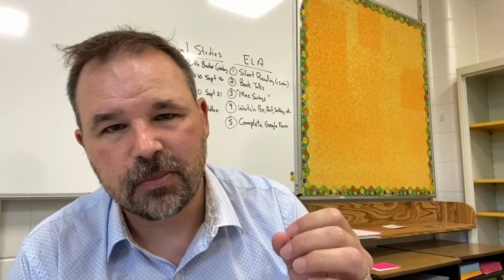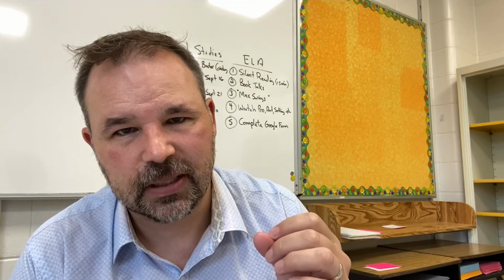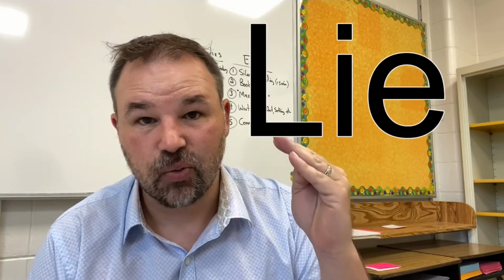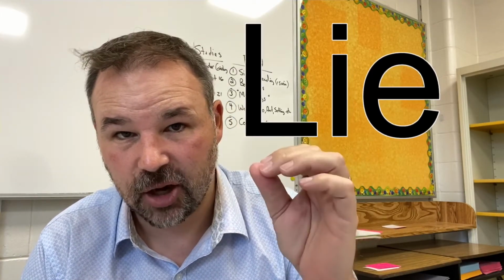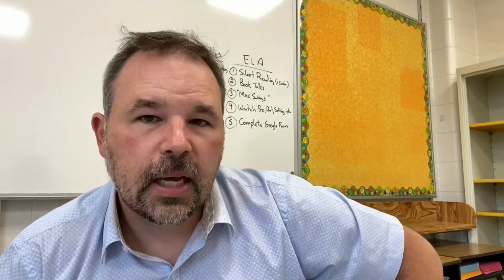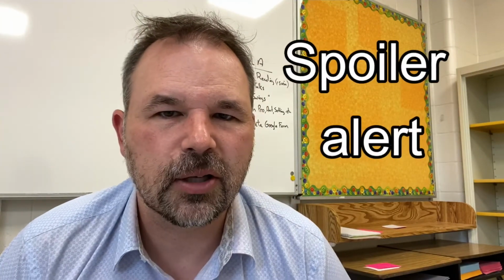But a turning point in Max Swings to the Fences is when he tells that lie. That's when we really get the rising action going, and that's when the complications happen more and more. And I don't want to talk too much about too many complications because then we get into spoiler alert territory.